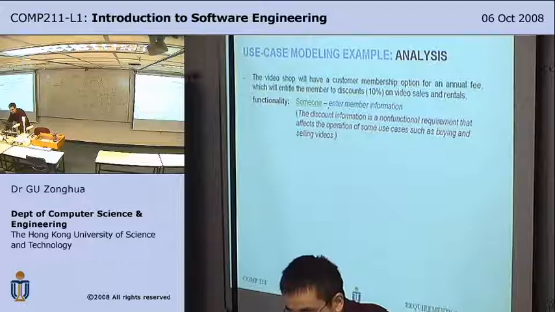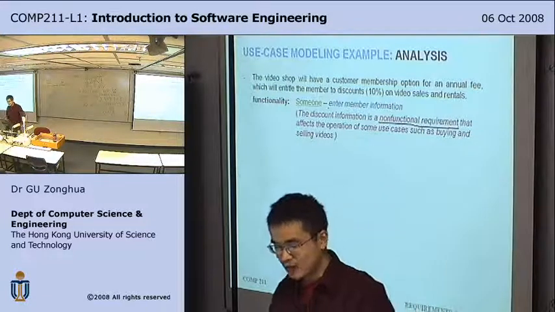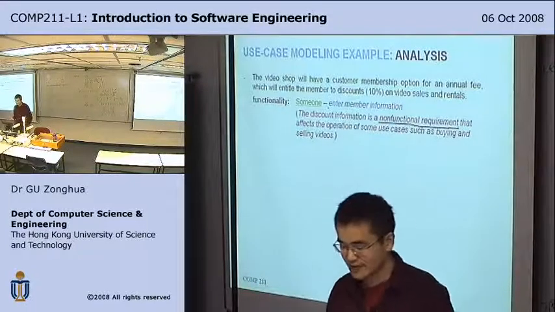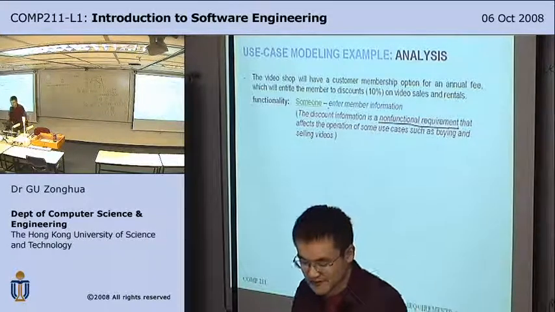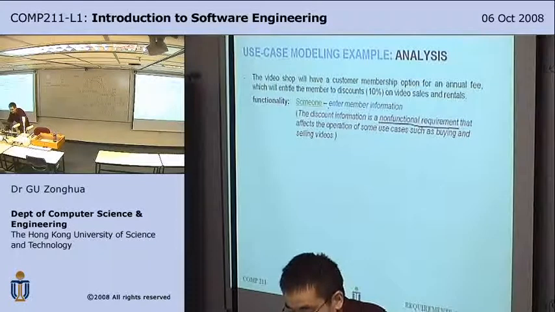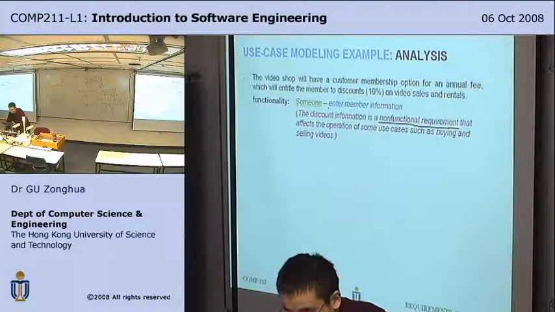So it's a non-functional requirement, which means that itself is not a piece of functionality. It is something that modifies an existing piece of functionality. So something that you can add on top of buying and selling videos. It's not a piece of functionality itself.